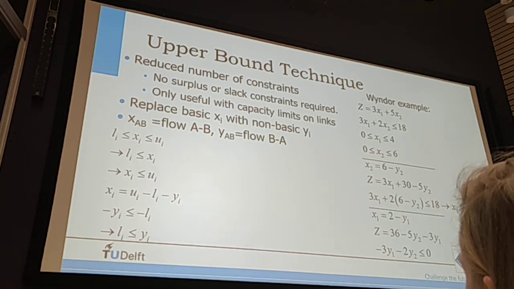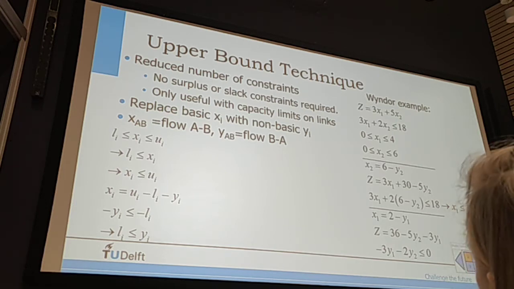What we do there is replace a basic xi with a non-basic yi. If the flow is used at full capacity, then it would be basic, but we cannot allow it to be basic because we're limited on the number of basic constraints.